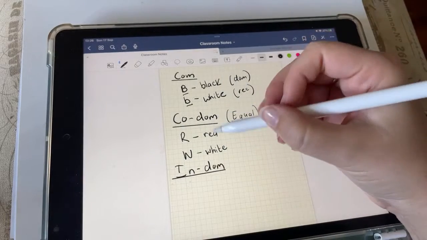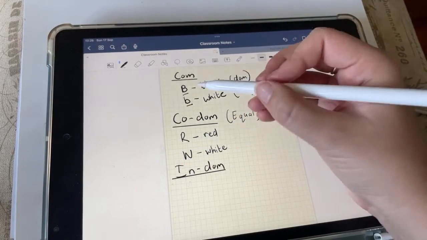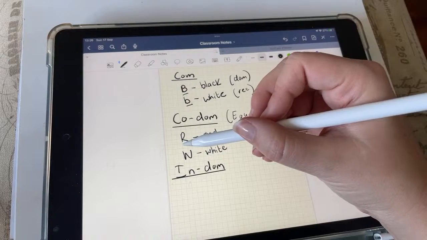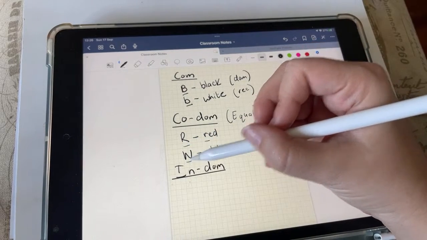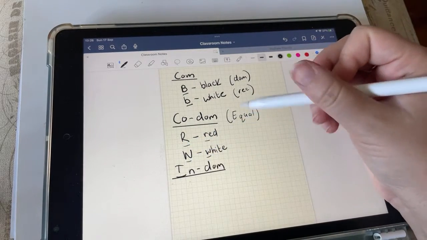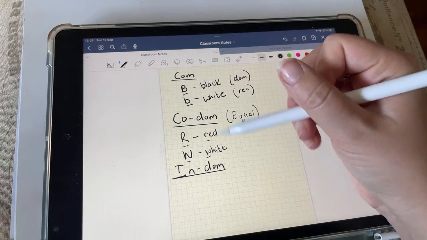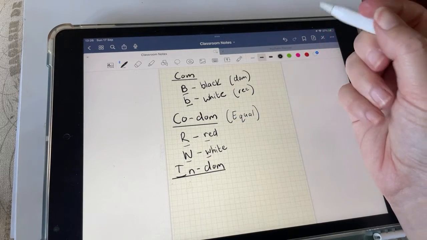Now you'll notice that there are 2 capital letters this time, different from here. You'll notice that the letter matches both of these characteristics because again, they are equally dominant. So they each get their own lettering separate from one another.